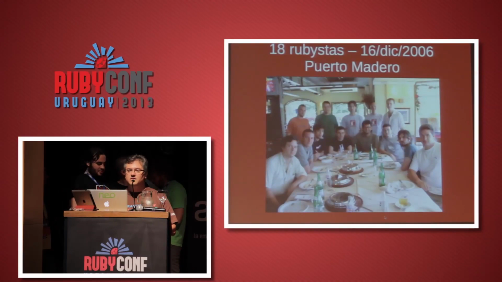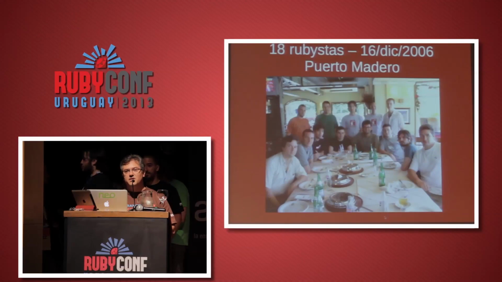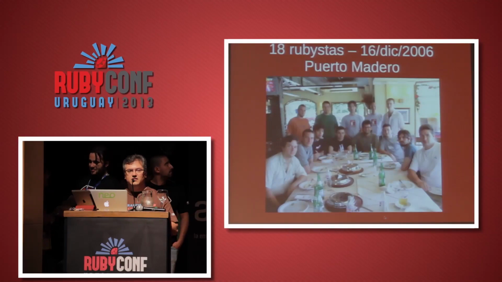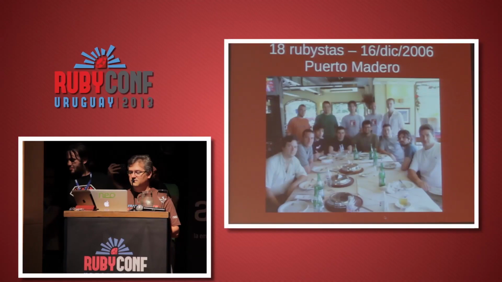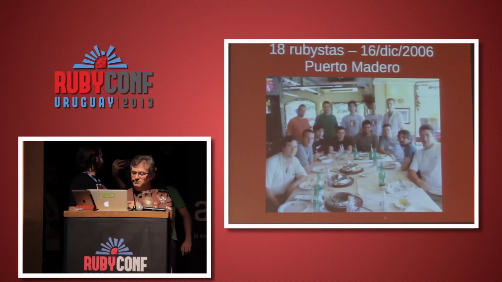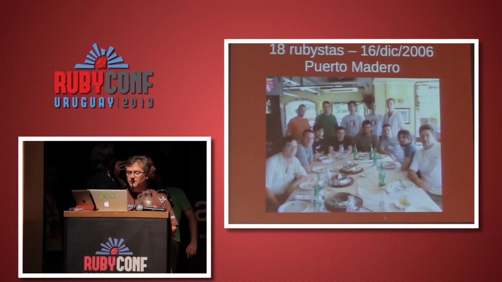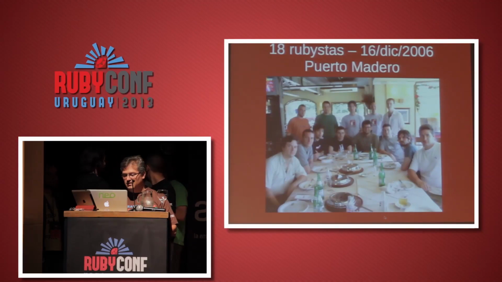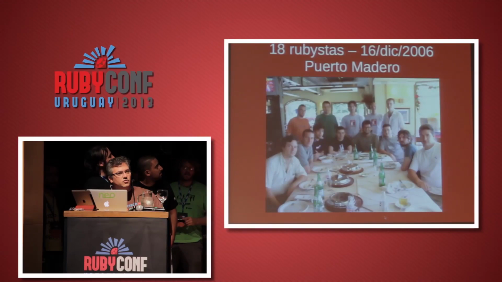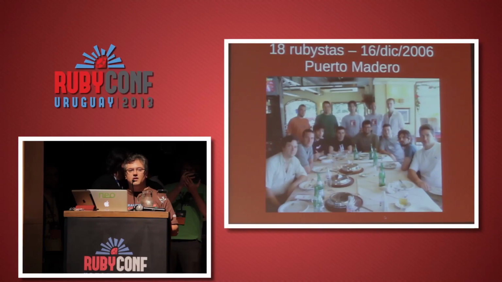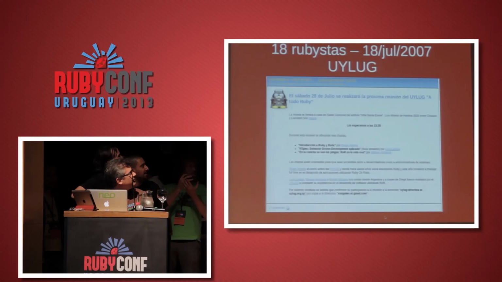So I subscribed to the Ruby list in Argentina, and we decided in December 2006 to organize the first Rubyists meeting. There were 18 of us, 16 from Buenos Aires, myself from Montevideo, and Luis Lavena from the city of Tucumán in Argentina. At least 3 or 4 of these guys are here today: Michel, Norman, Lucas, and to tell the truth, that meeting changed my life.